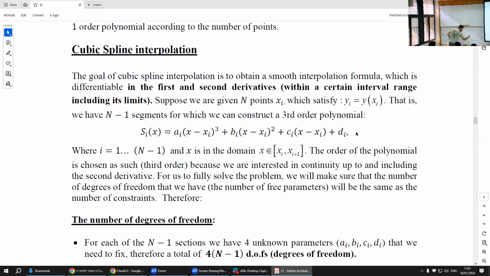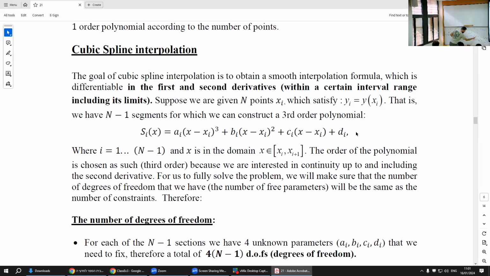And how many constraints are there here? We have n minus 1 polynomials. They are connected by n minus 2 points in between them. So we have 2 times n minus 2.